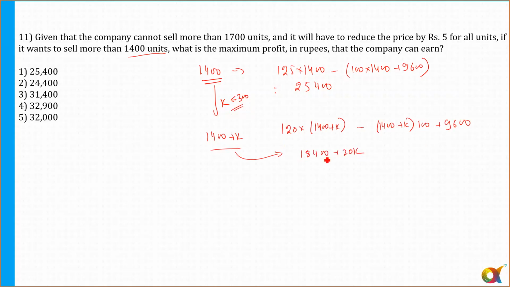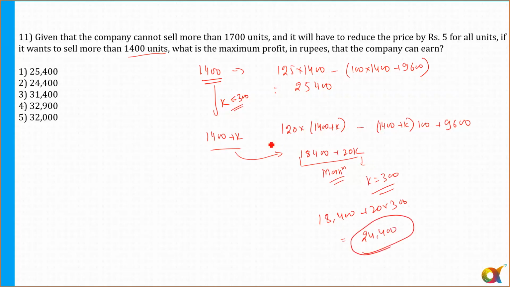Now I need to maximize this value, so K should also be maximum. I'll take K equal to 300 here. In that case, 18,400 plus 20 into 300 comes out to be 24,400. So in this case, the profit is 24,400.